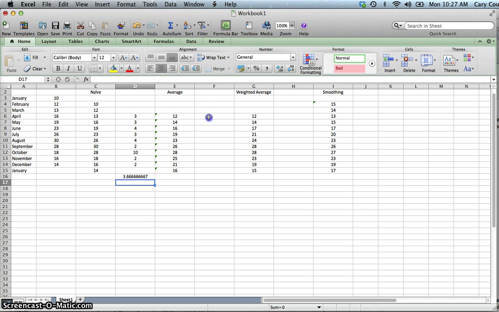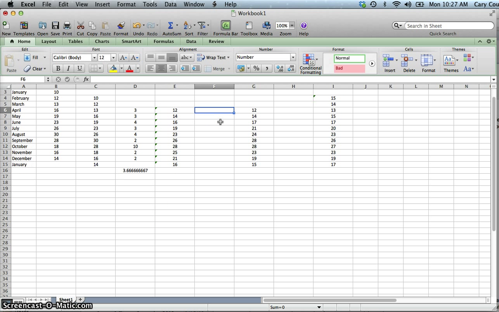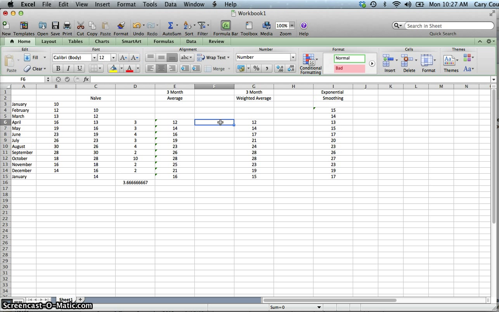Now let's go ahead and do that for the moving average. Same thing, ABS, we will take the actual minus the forecast to see how far we're off, and we will do that for the months we have actuals and forecast.